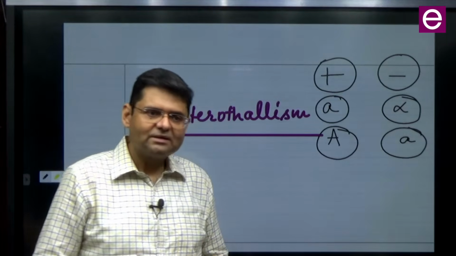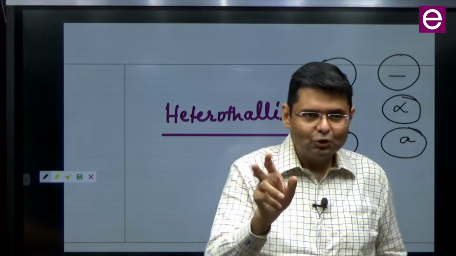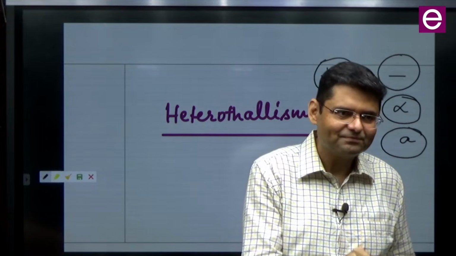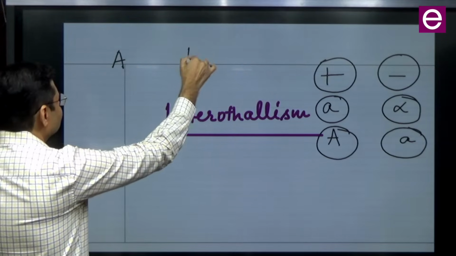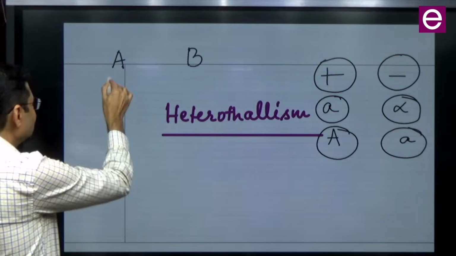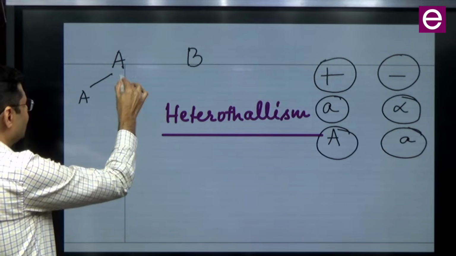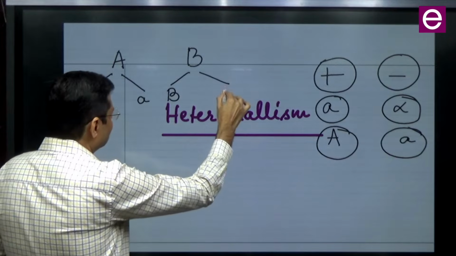But then there are certain cases where you find two different genes together controlling heterothallism. In this case, imagine gene A and gene B control heterothallism. Gene A will have two forms, A and small a. Gene B has two forms, B and small b.